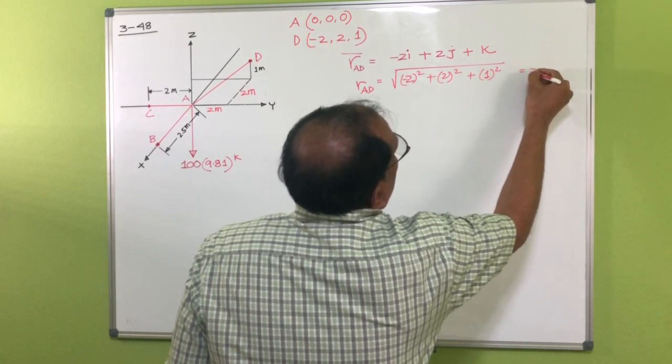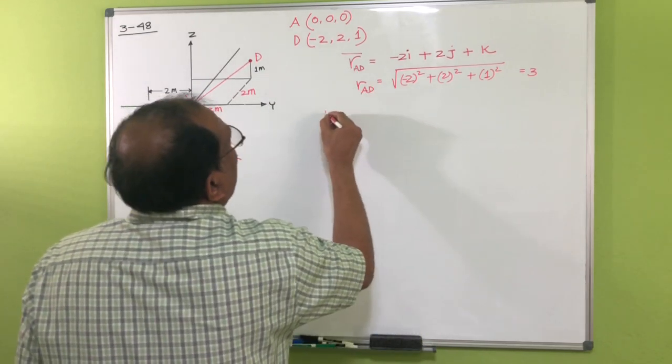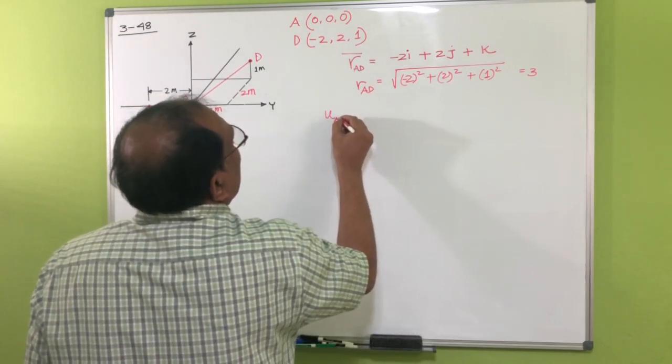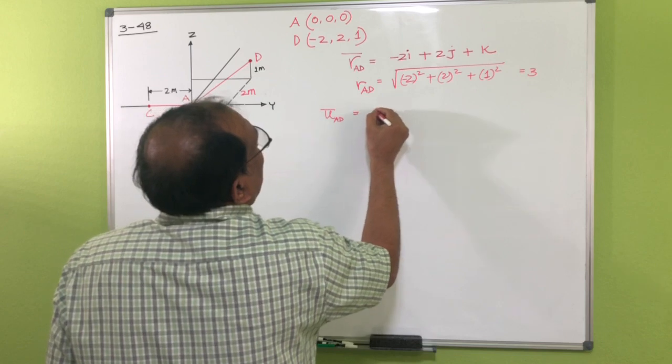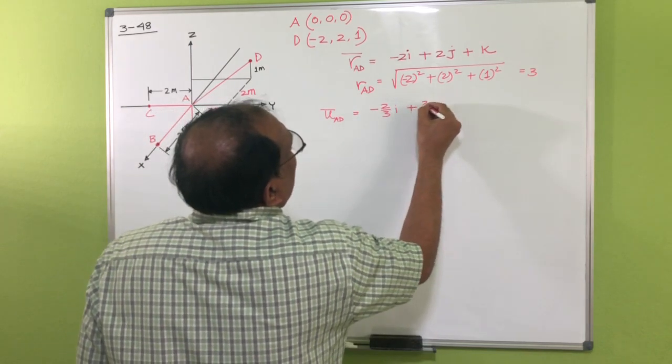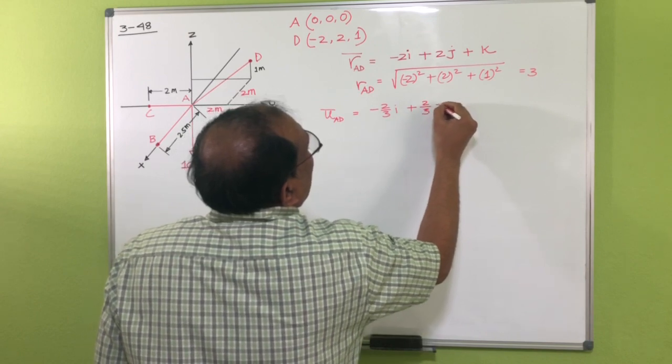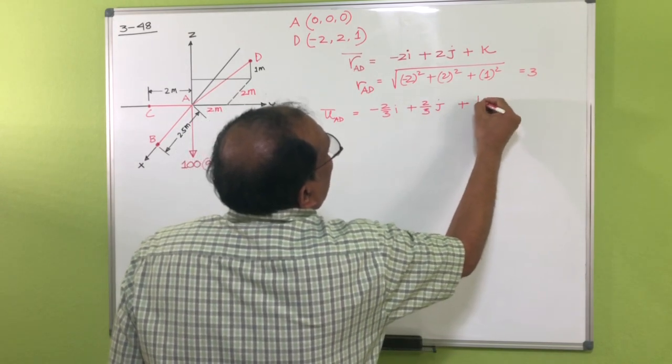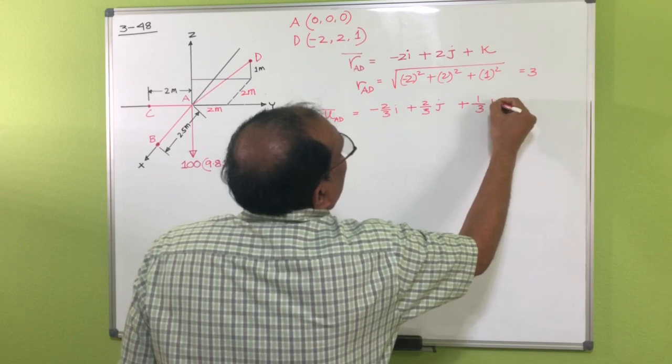That's actually 3. So the unit vector from A to D would be minus 2/3 of I plus 2/3 of J plus 1/3 of K.